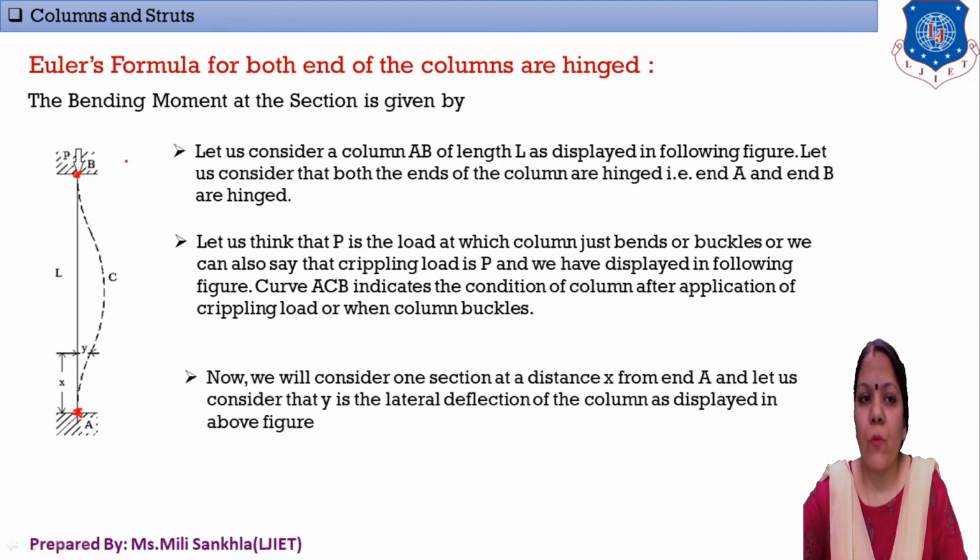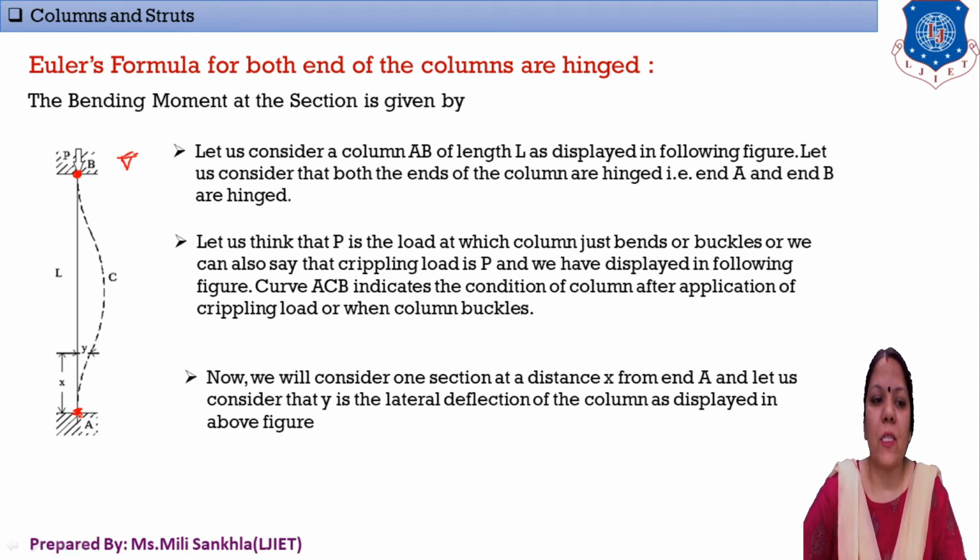In both conditions we consider it a hinge support. If this dot is given, that means this is our hinge support, and if the diagram is drawn that way also, in both conditions this is our hinge support.